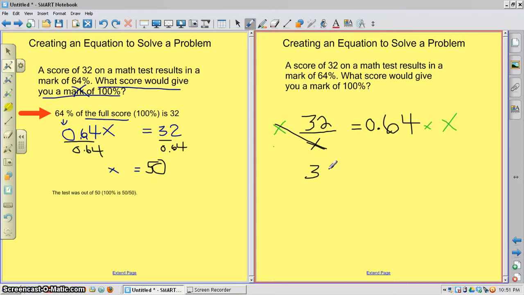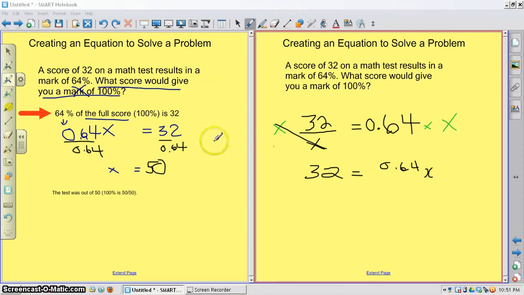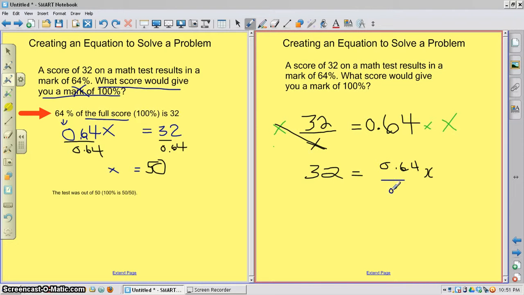We always end up at the same spot. We get 0.64x, and then we just have to divide both sides by 0.64, which is exactly what we did in the previous example. And we're going to get 50 again.